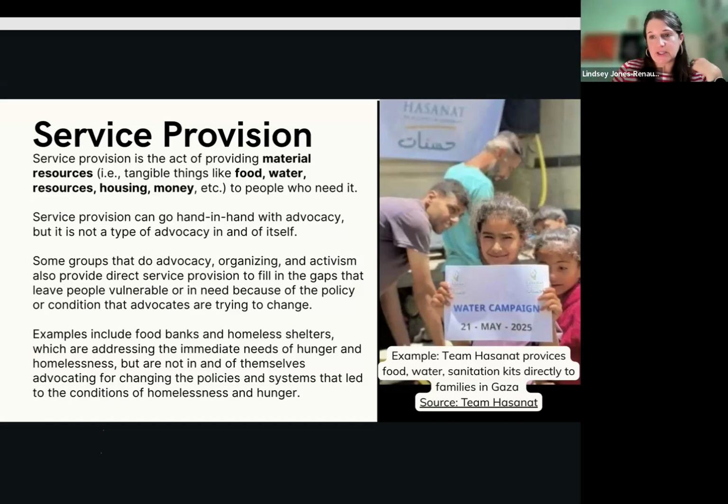Now, Team Hassanat also does advocacy, but they also do service provision. So you can do both. But it is important to distinguish that service provision isn't in and of itself advocacy or activism. Usually.